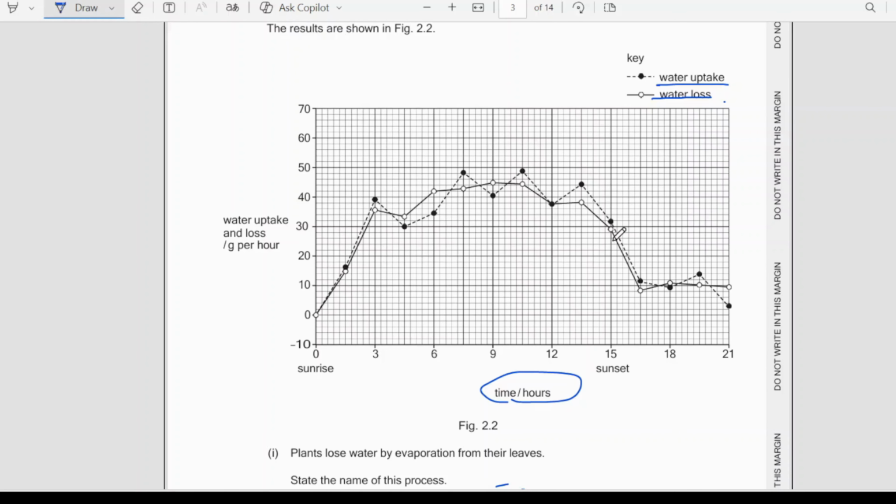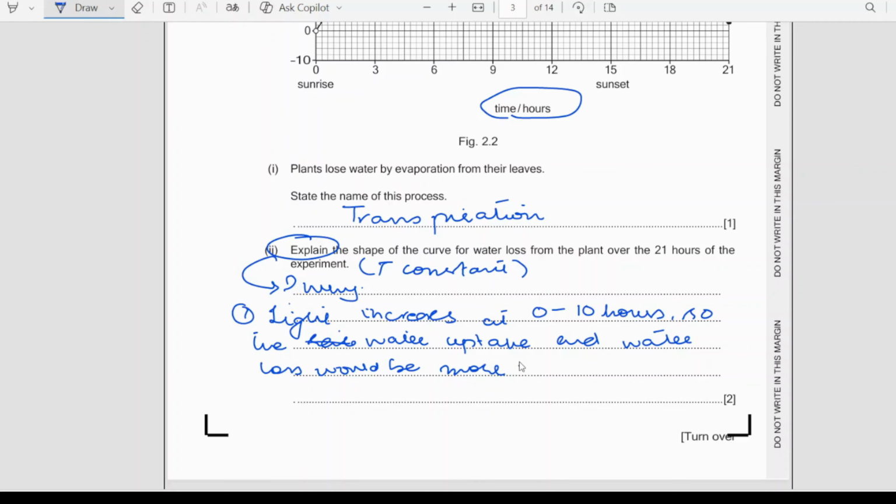Why? What is the effect of light on the evaporation? Stomata, exactly. Stomata open, due to which there would be more water loss. Listen, guard cells have chloroplast.